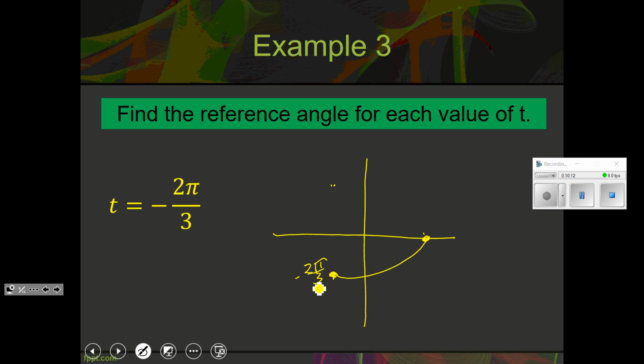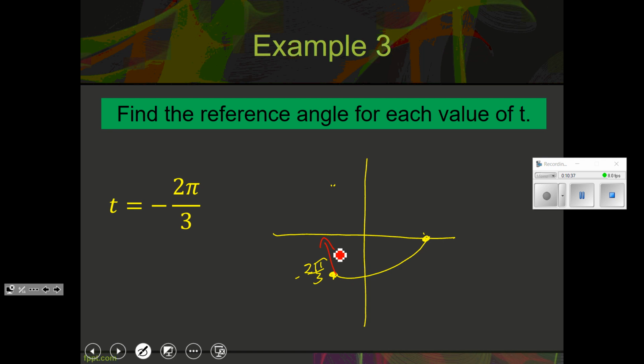So my question is, if I want to find the reference, what would it be? How many more do I have to go? Pi over 3. My question, is that going to be positive or is that going to be negative? Why positive?